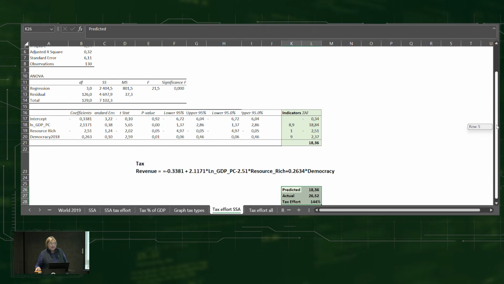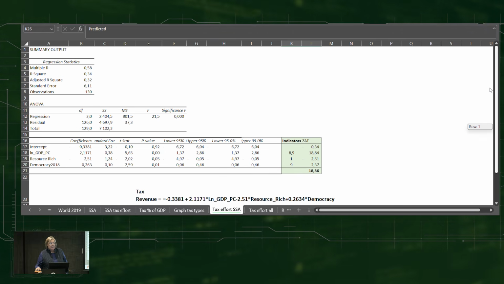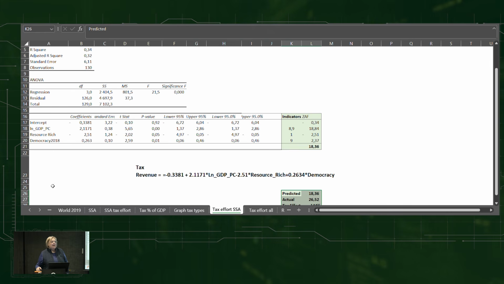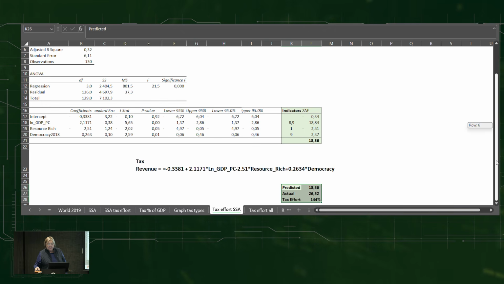Now we don't have trade in here, and we also don't have agriculture in here. So now we get a predicted of 18.36. Annually, we know we're at 26.52, so the tax effort seems more plausible at 144. But I think there's still work that needs to be done here.